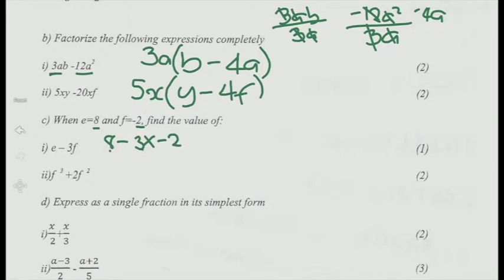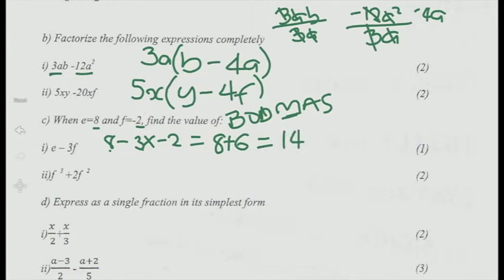And then we use our BODMAS rule. Brackets, division, we have no division. Multiplication, so it's negative 3 times negative 2, which is equal to positive 6, because like signs give a positive. So 8 plus 6 will give us 14.